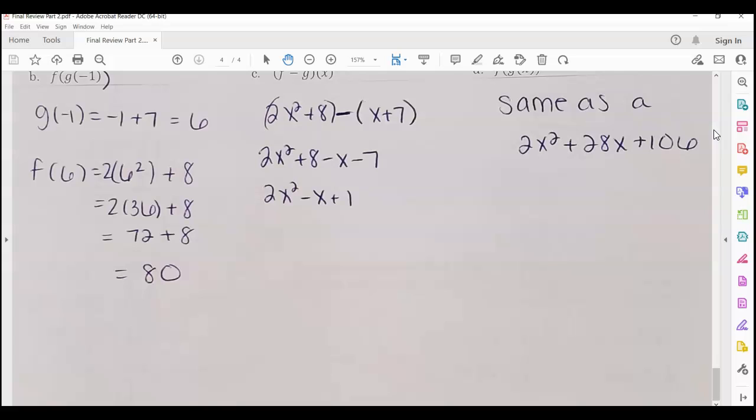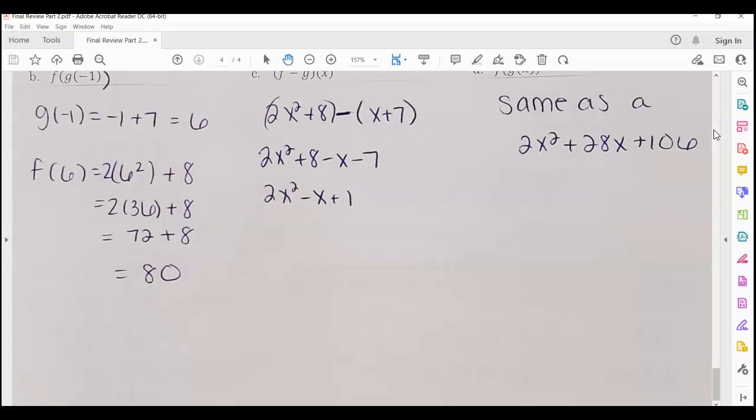Degree 0 is a constant. Degree 1, linear. Degree 2, quadratic. Degree 3, cubic. Degree 4, quartic, with 4 quarts in a gallon. And then degree 5, and anything beyond that is 6, 7, 8. What did you say for one term? Linear.